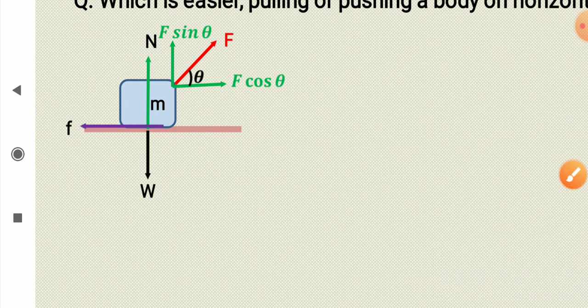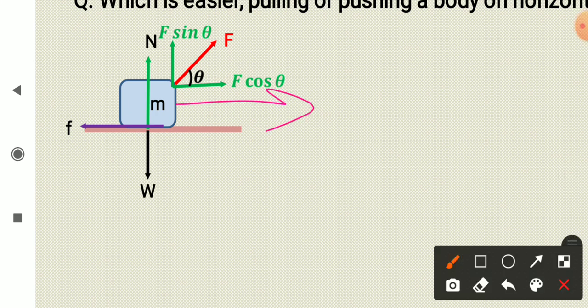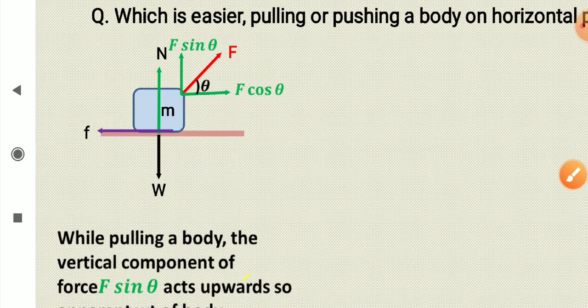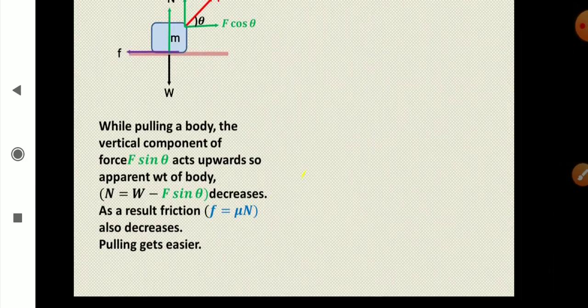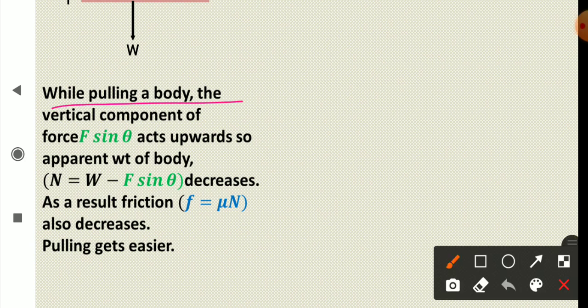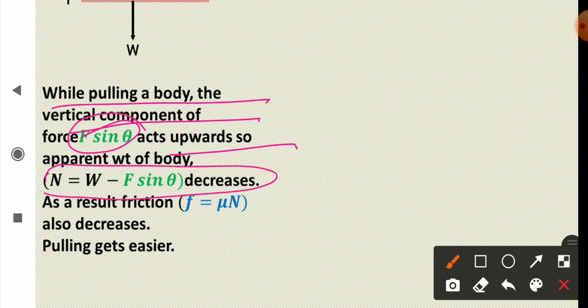So now you can see, since the body is trying to move or moving in the forward direction, the friction is acting in the backward direction. So while pulling a body, the vertical component of force, F sin theta, acts upwards. So the apparent weight of the body decreases.